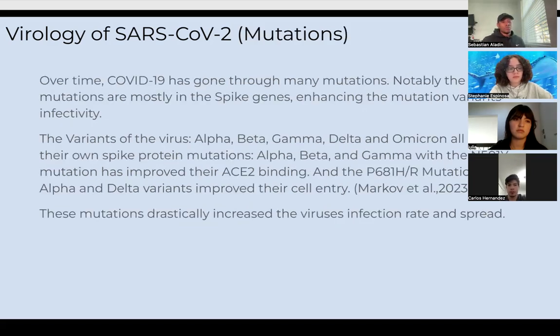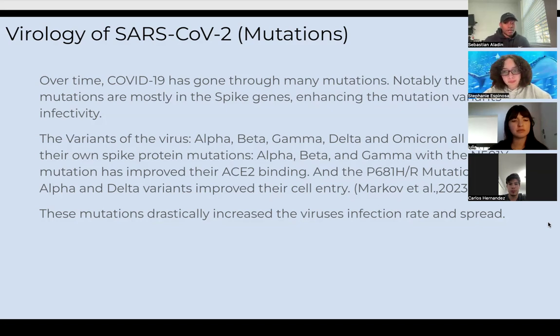So now, the mutations. Over time, COVID has gone through several mutations. Notably, the mutations are in its spike proteins, which enhances infectivity. There are a few variants of the virus, notably alpha, beta, gamma, delta, and omicron, and they all have their own spike protein mutations.